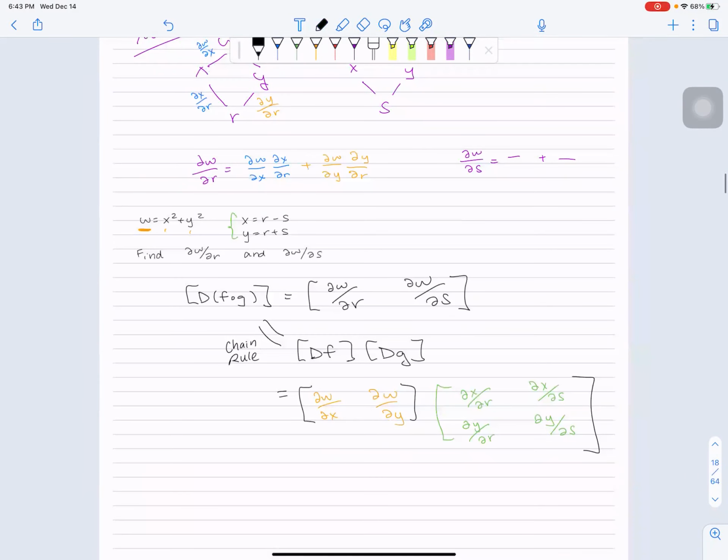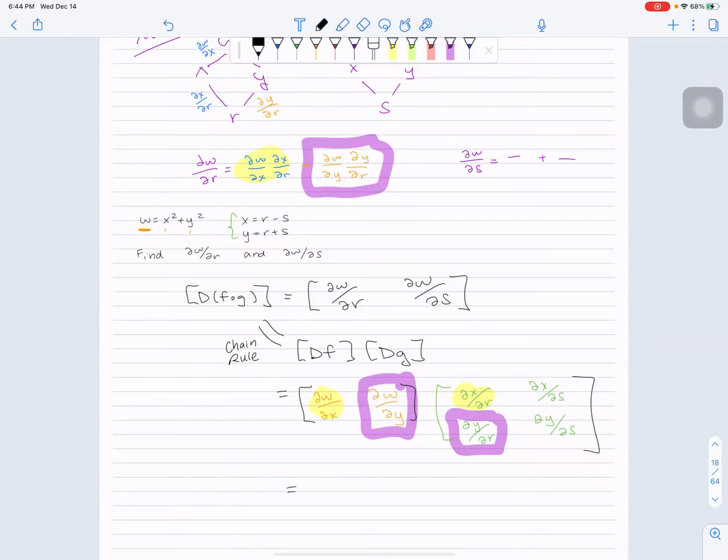And you see that if I do this matrix multiplication, I have partial w with respect to x times x with respect to r. That's exactly this first blue term. Then I have partial w with respect to y times y with respect to r. That's exactly the second term, as in matrix multiplication.